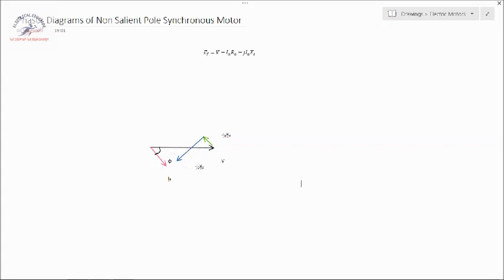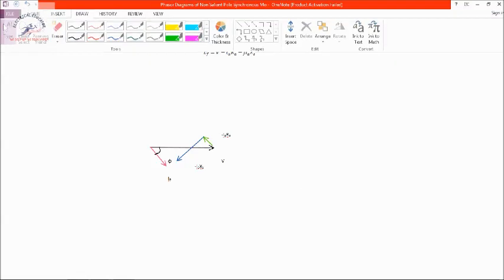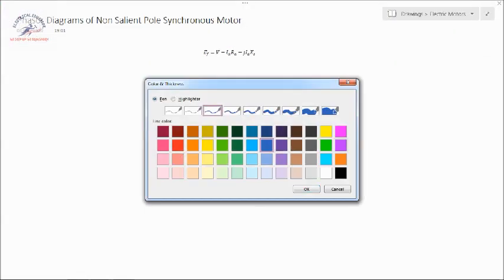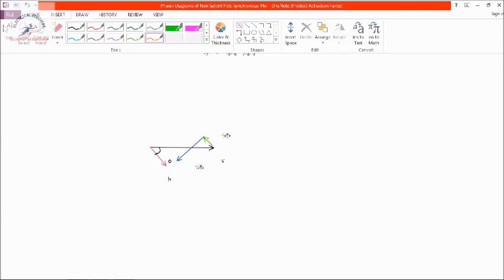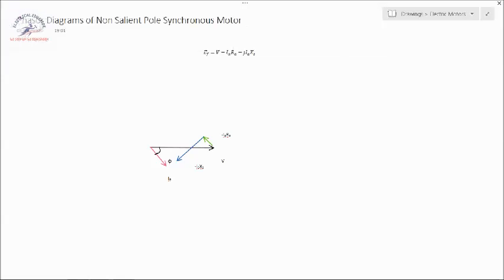Now from a voltage equation, how to draw the resultant vector? We started from vector V and ended at vector j IaXs. So the starting point of the first vector and the ending point of the last vector gives us the resultant. This is the importance of the phasor diagram. Let me select some other color for vector E, or what we call EF.